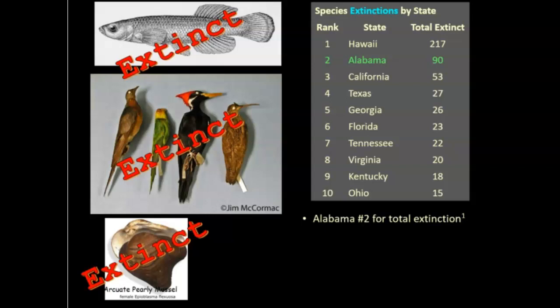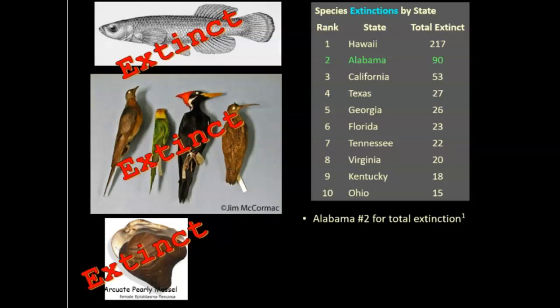Now, if you consider the fact that species extinctions are exceptionally high around the world on islands, and that Hawaii is an island, then Alabama is in its own special category for being at the very top of U.S. states that are on the continent. And it's not that any other state actually comes close.